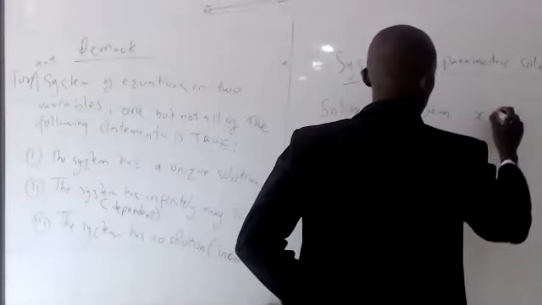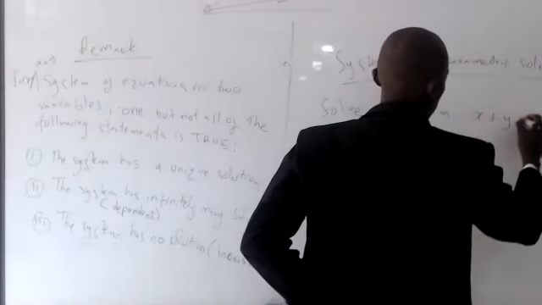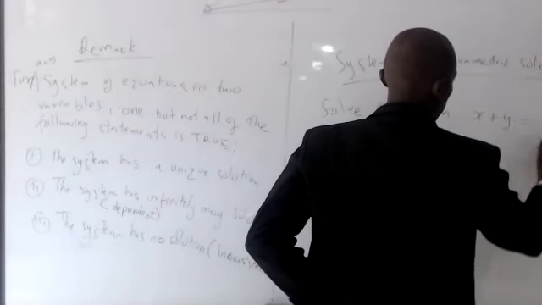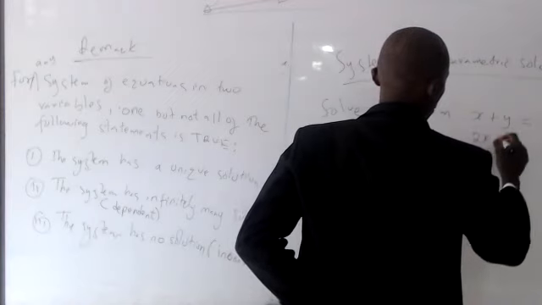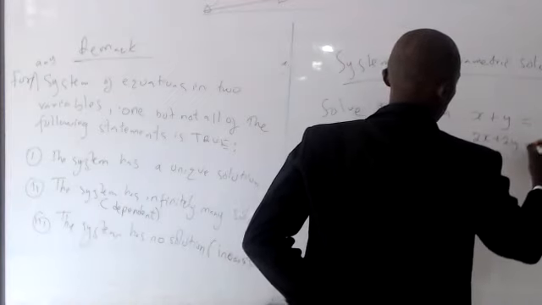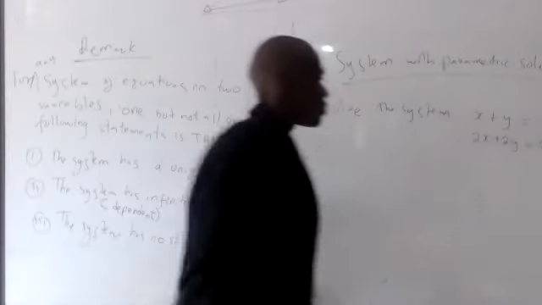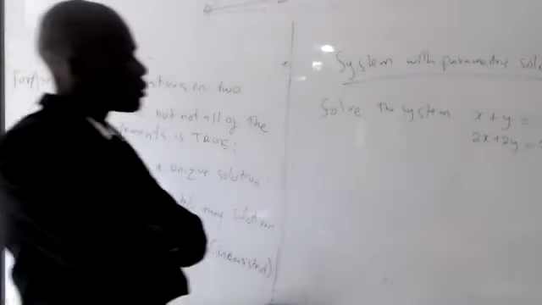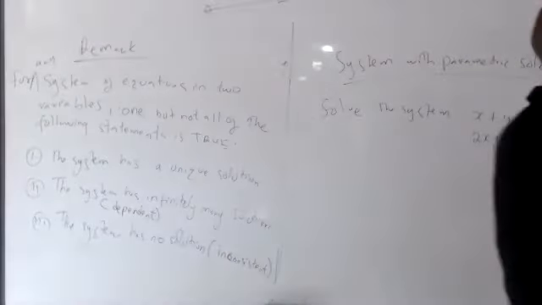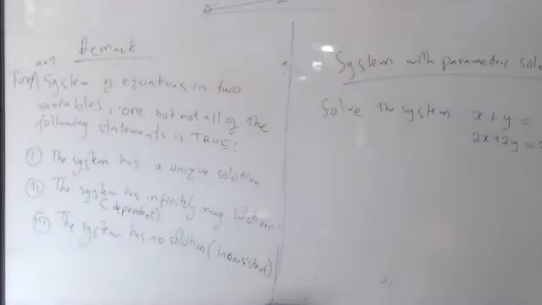So you have x plus y is equal to 1, 2x plus 2y is equal to 2. It's a very simple system: x plus y is equal to 1, 2x plus 2y is equal to 2.